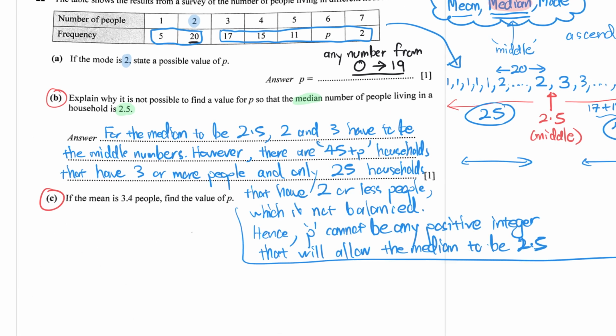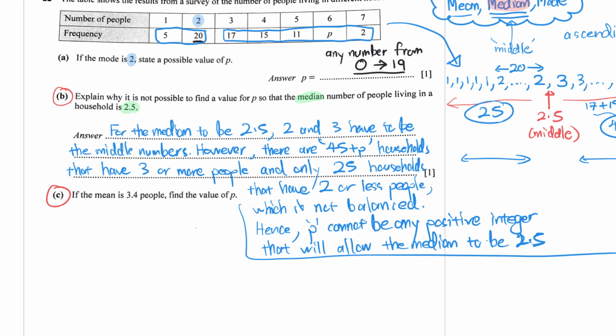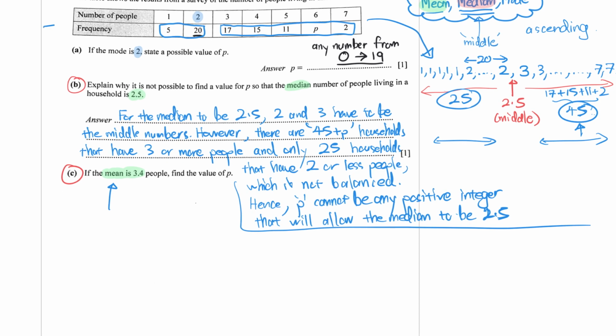If the mean is 3.4, right? Now you're going to have to use the definition of mean to find the value of P. So we're going to use the mean formula, which will include a P inside, set up an equation, and solve for P. Okay, so looking at the numbers in the table to calculate mean, we know that mean is talking about adding up all the numbers, right?